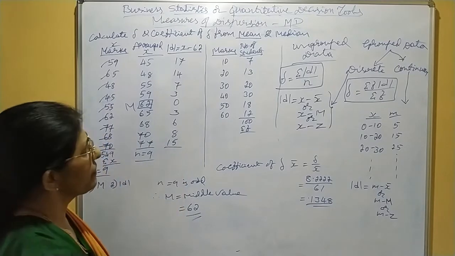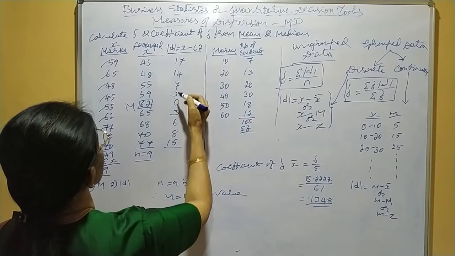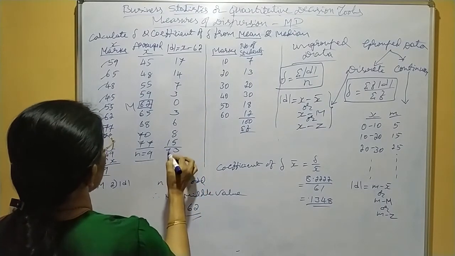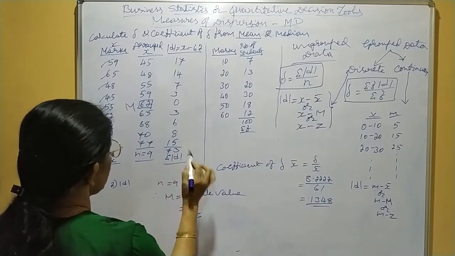Now, we need sigma modulus D, take the total. It is 73 sigma modulus D.